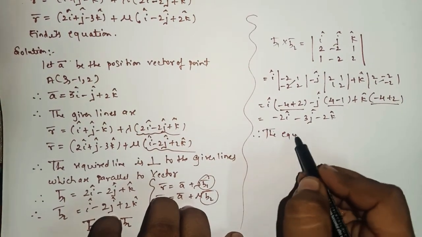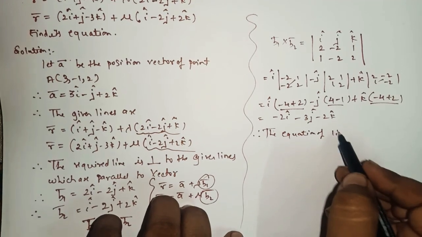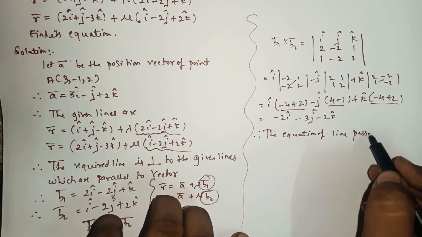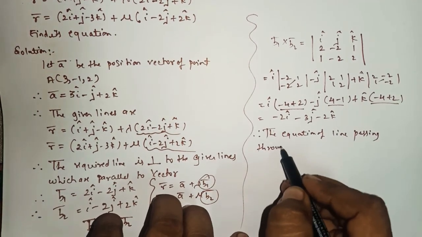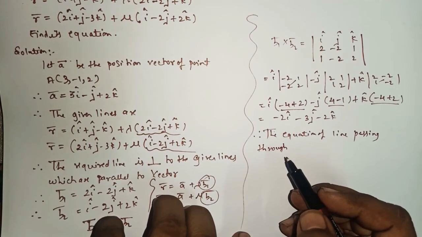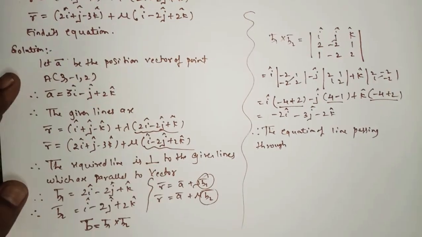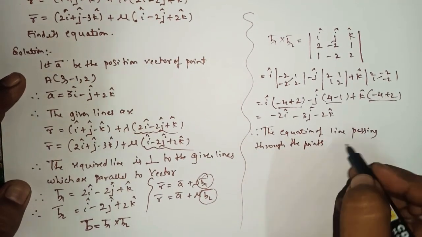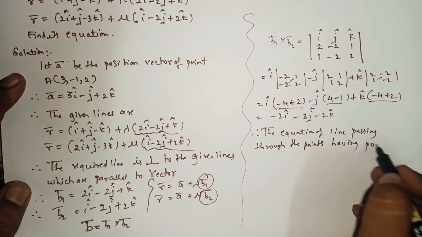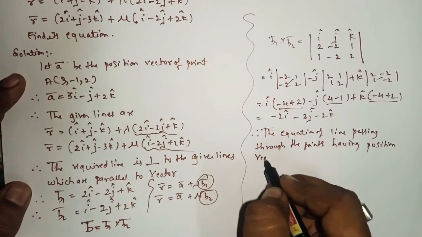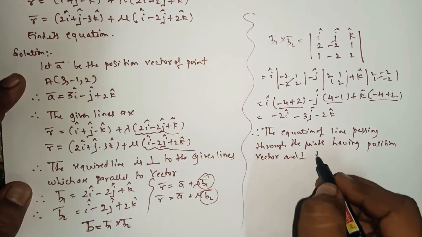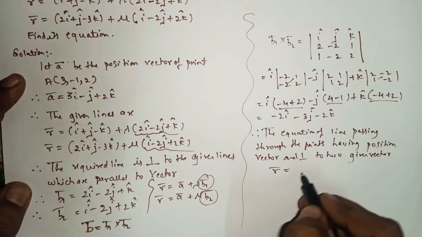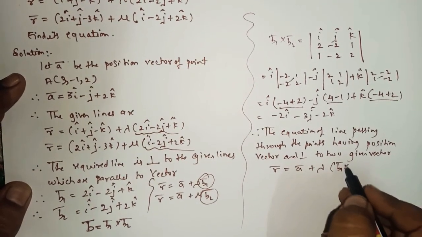Now you will apply the formula, the equation of the line passing through the point having position vector a bar and perpendicular to two given vectors, we can write as r bar equals a bar plus lambda b1 cross b2.